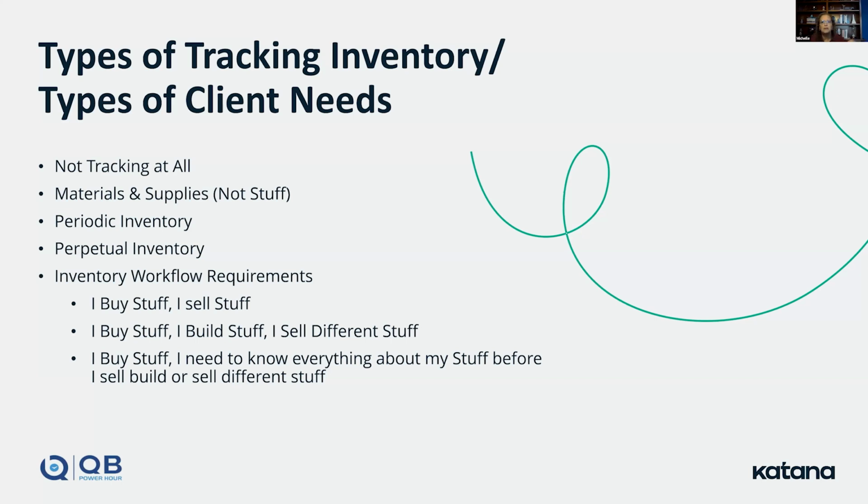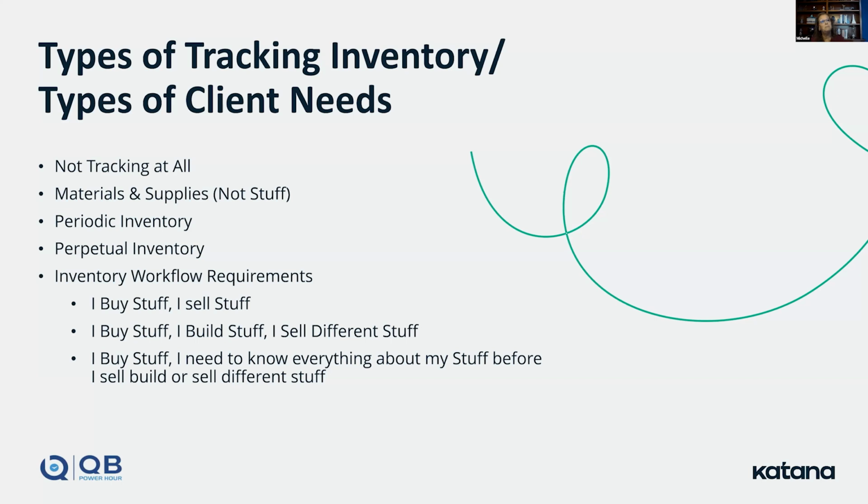Just because it's something you're buying and using is not inventory. Inventory is something you're putting on an invoice or a sales receipt and selling to your customers. So it's I buy stuff and I sell stuff, not I buy stuff and I use it to do my job. So that's where we have to talk with the client about what is inventory.